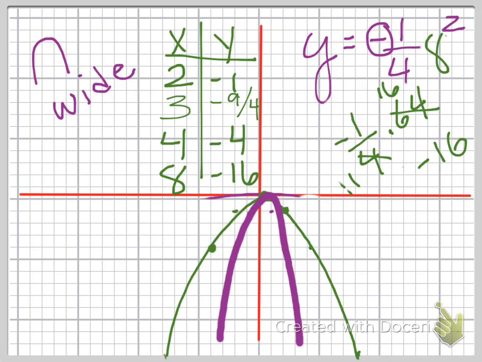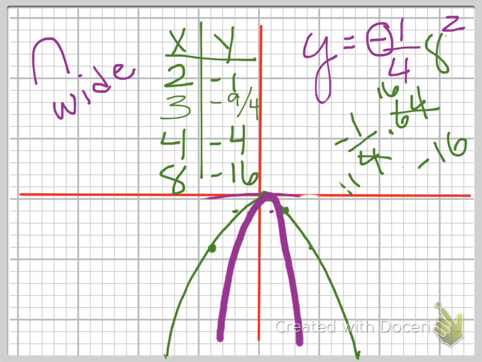It's the green. So let's just make sure you understand the purple here that I have drawn would be the parent function if it was reflected. And it is what it is. We call it a neutral curve. The green is what the function y equals negative 1/4 x squared is.